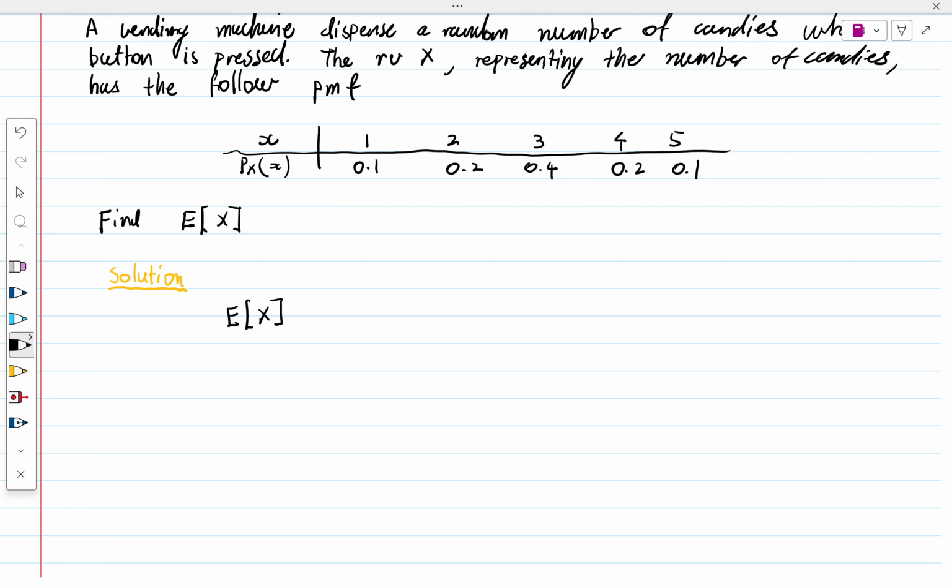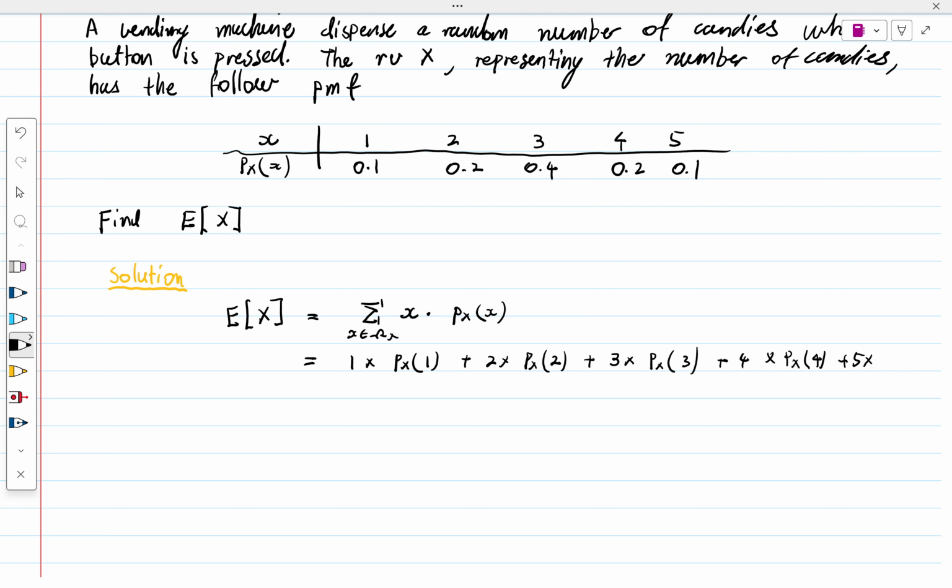That's to say that the expected value of X is equal to the sum of x times the probability mass function, and we're summing across all values in the support of X. So in this particular instance, that becomes 1 times the probability X equals 1 plus 2 times the probability X equals 2 plus 3 times the probability X equals 3 plus 4 times the probability X equals 4 plus 5 times the probability X equals 5.